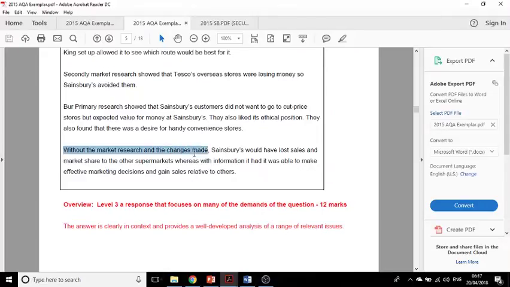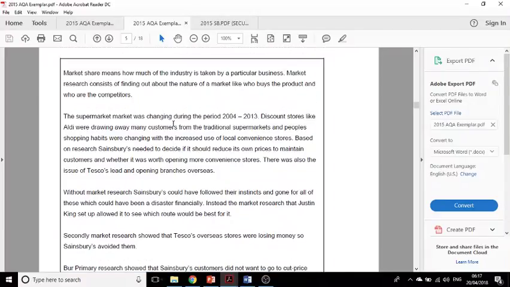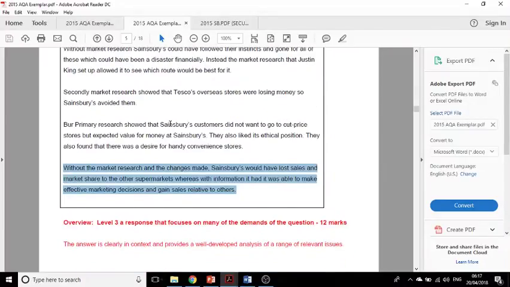Then showing how the market research improved the market share. Rather than making two separate points, the answer here is marked over the whole development of the answer, and we can look at it as a whole, seeing how this shows knowledge, analysis, and is clearly applied to the context.